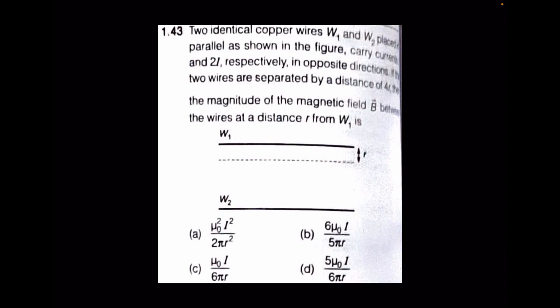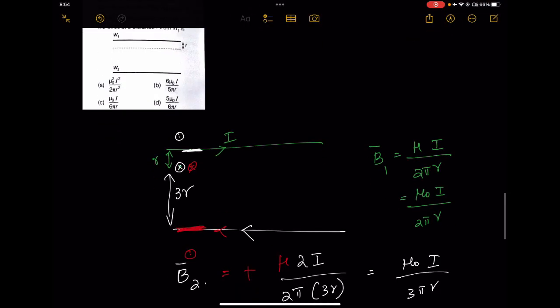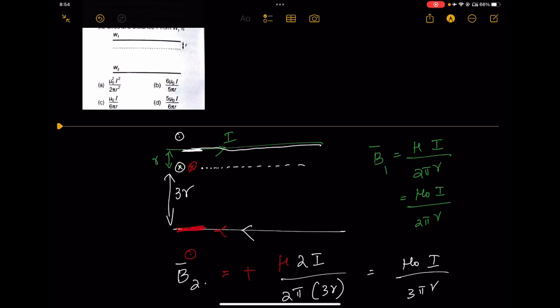The distance between them is 4R, and we are interested in magnetic field intensity at a distance R from here. That is, the total distance is 4R, but we are interested in the magnetic field somewhere here, at R distance from here. This is the 3R distance.